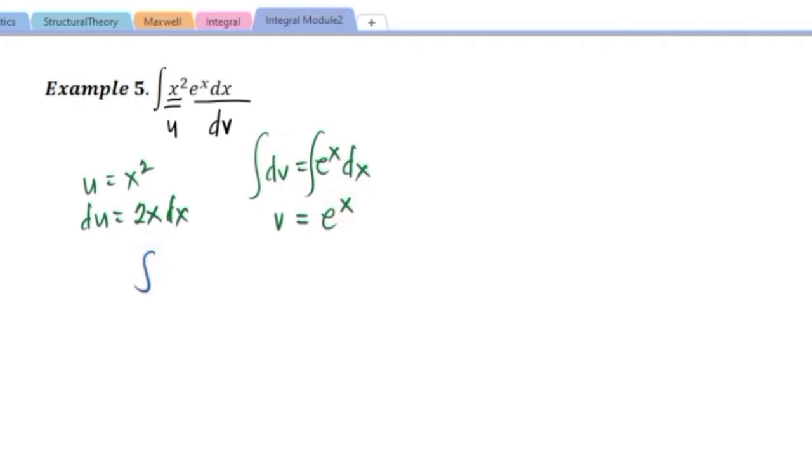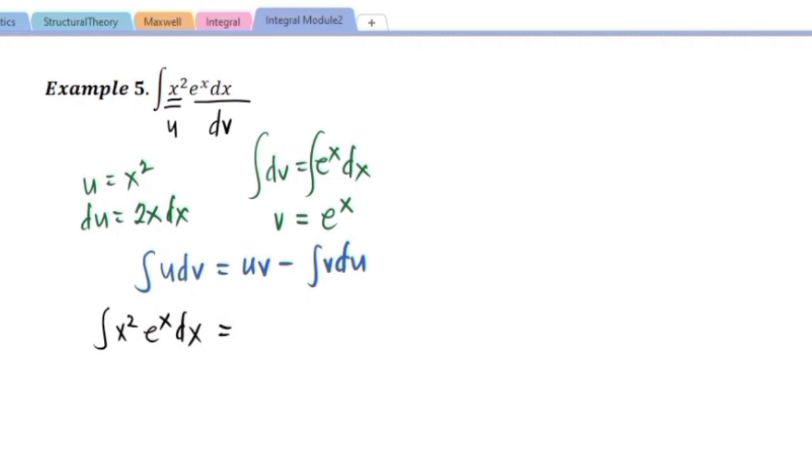Applying the formula of integration by parts, the integral of u dv is equal to uv minus the integral of v du. So that would be x squared e to the x dx is equal to uv.